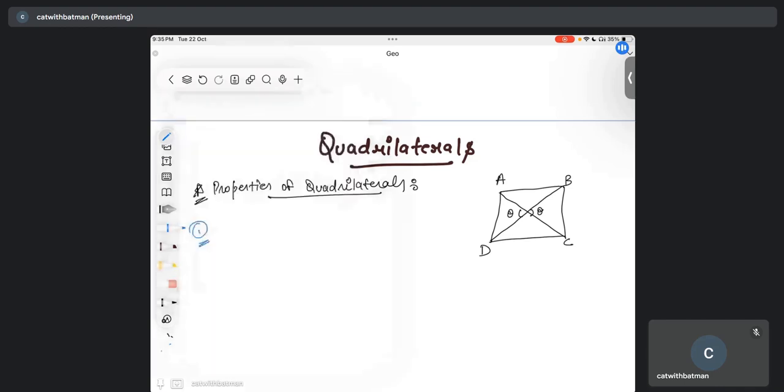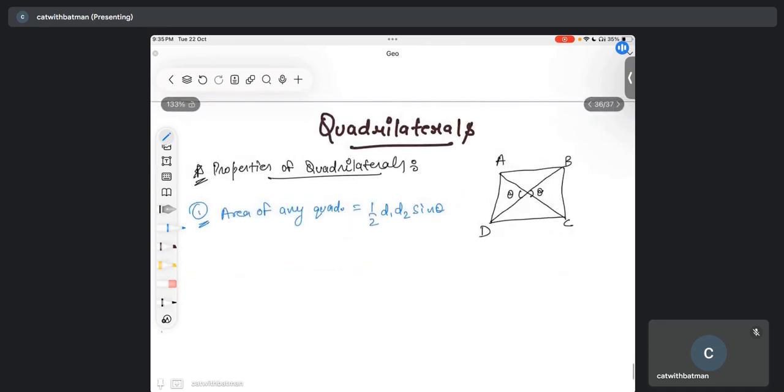As for the first point, the area of any quadrilateral at all, whether it is a square, rhombus, kite, rectangle, anything at all, can be given by half d1 d2 sine theta, where d1 and d2 are the lengths of the diagonals.